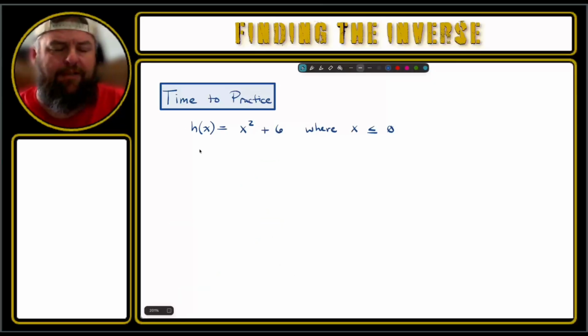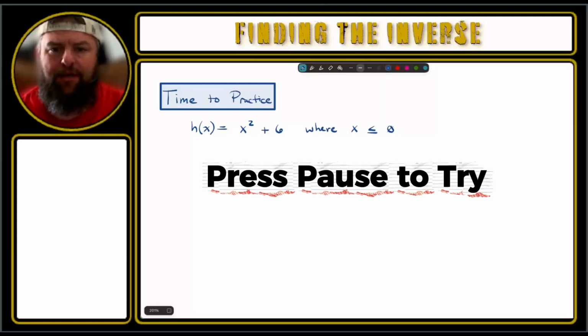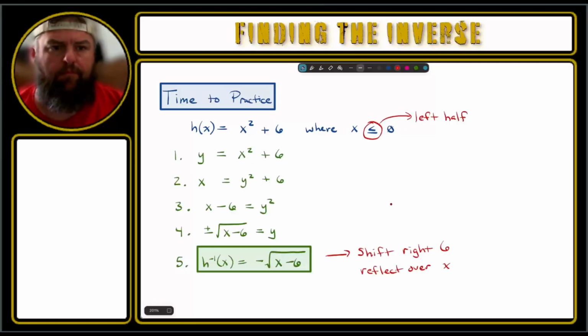Your final practice is h of x equals x squared plus 6, where x is less than or equal to 0. Pause now and try. Okay, the final solution is going to be h inverse of x equals negative square root of x minus 6, meaning the graph will shift to the right 6 and reflect over the x-axis.